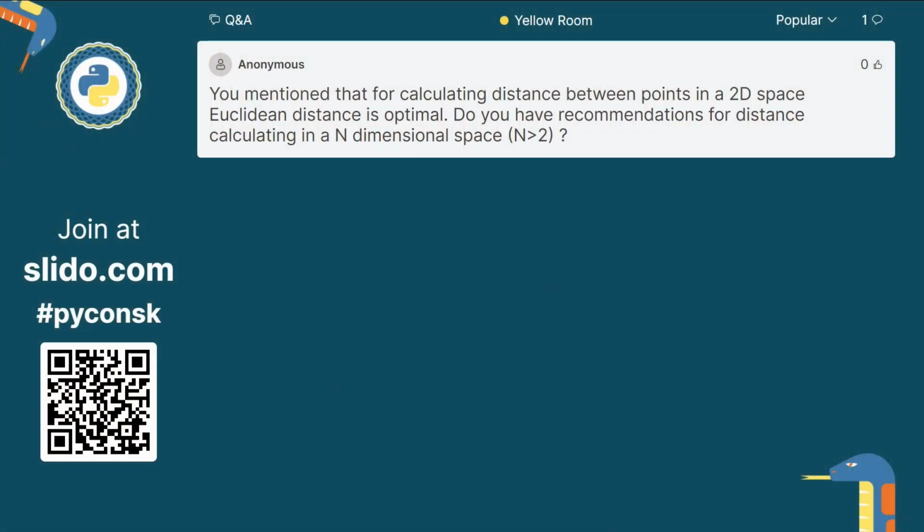The general rule of thumb is not to use a p-value higher than the input dimensional space. So if we have three dimensions, the p-value should not be higher than 3. If we are using lower p-values, the results will be better for the distance calculation in an n-dimensional space. I'm not sure whether I understood the question. I think they are asking about distance calculation recommendations.